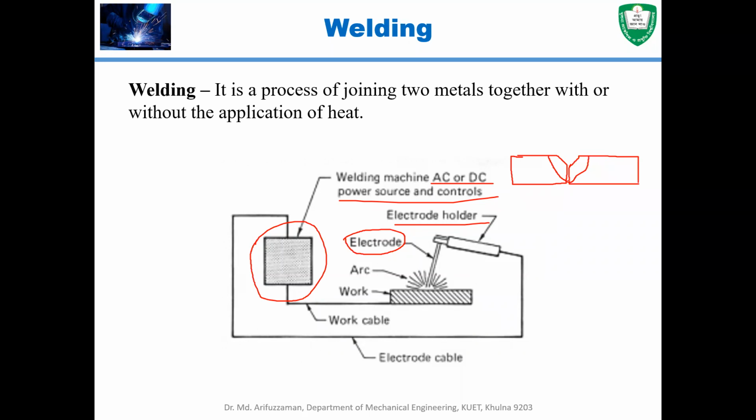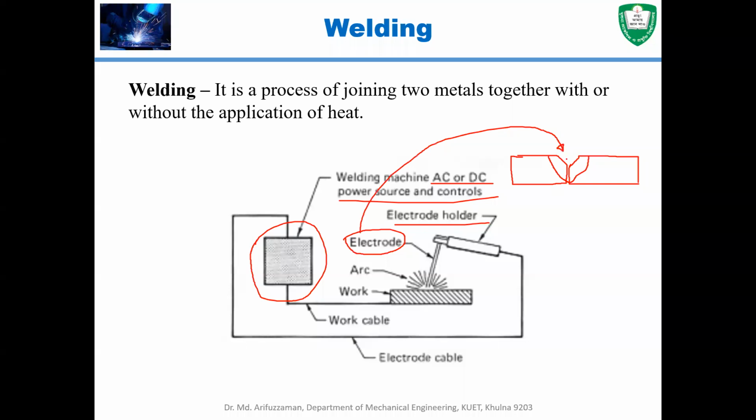The metal flows into that gap, and there is also a gap due to the edge preparation. Before welding, you need to prepare the edges, and that gap also needs to be filled with extra metal. The electrode provides that extra metal into that space.